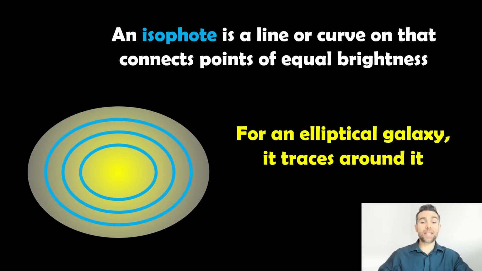They basically trace all the way around, and as you go further out, you'd get another isophote and so on. Elliptical galaxies, and galaxies in general, are typically brighter in the centre than on the outer part, so as you get further out, they get dimmer. So you have this collection of ellipses that trace out the surface brightness.